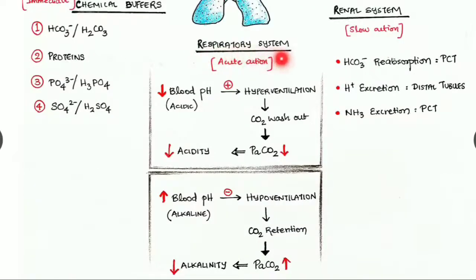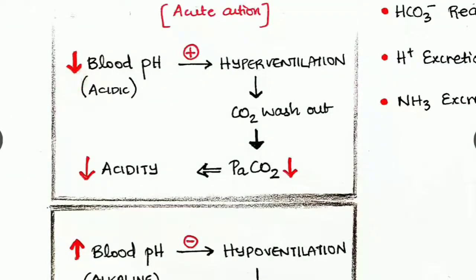In the respiratory system, there are two possibilities. The first possibility: if the blood pH is very low, which means it is acidic in nature, it stimulates the respiratory system, causing hyperventilation. This hyperventilation washes out carbon dioxide, and the partial pressure of carbon dioxide decreases.